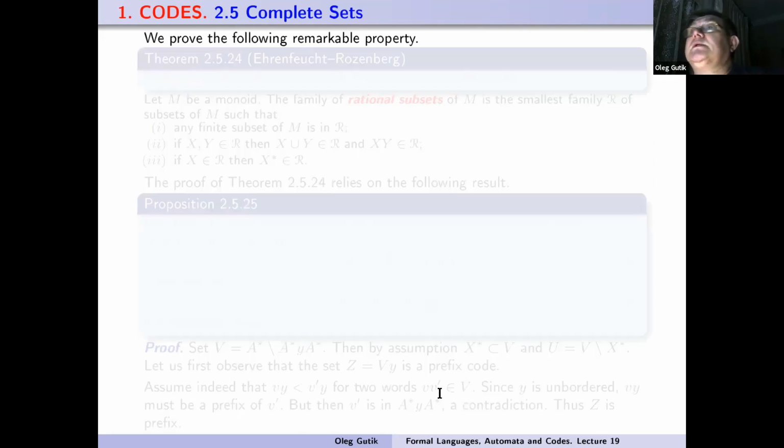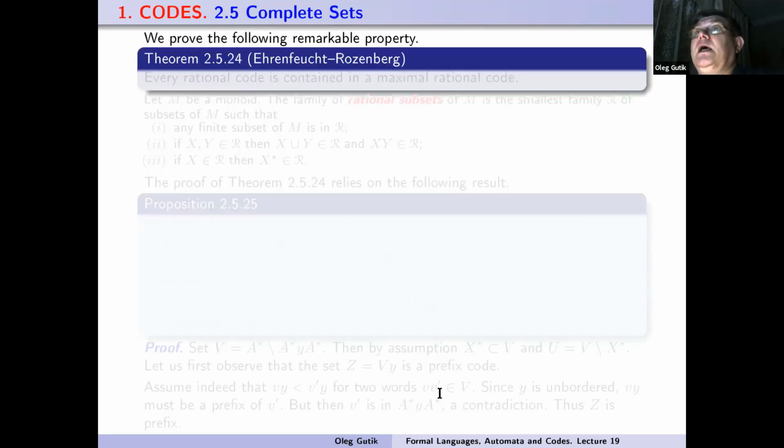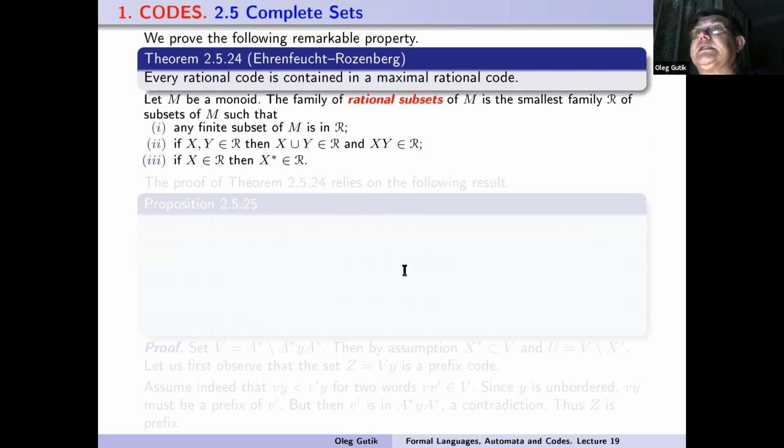We prove the following remarkable property. Theorem, Rosenberg: every rational code is contained in a maximal rational code. Let M be a monoid. The family of rational subsets of the monoid M is the smallest family R of subsets of M such that the following three conditions hold.